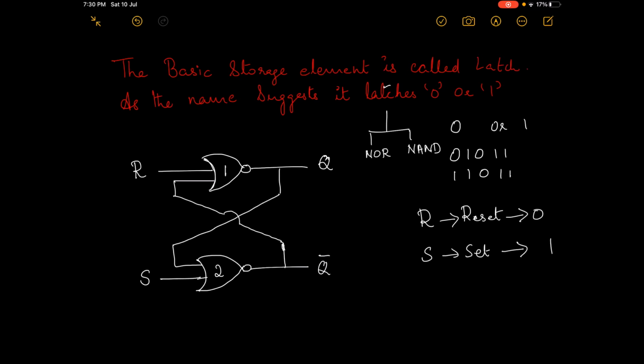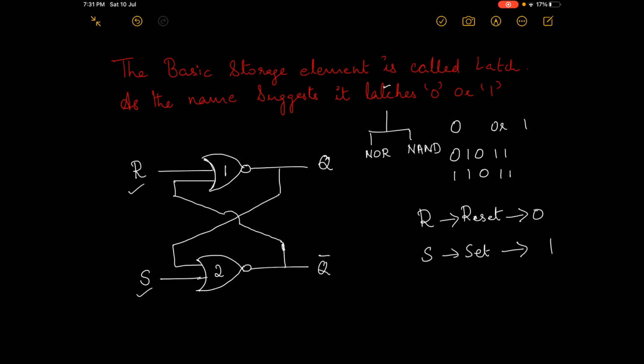If I change the input S and R, definitely the stored data will get changed. And as I told, S and R can change accidentally or intentionally because we use the circuit along with other circuits.